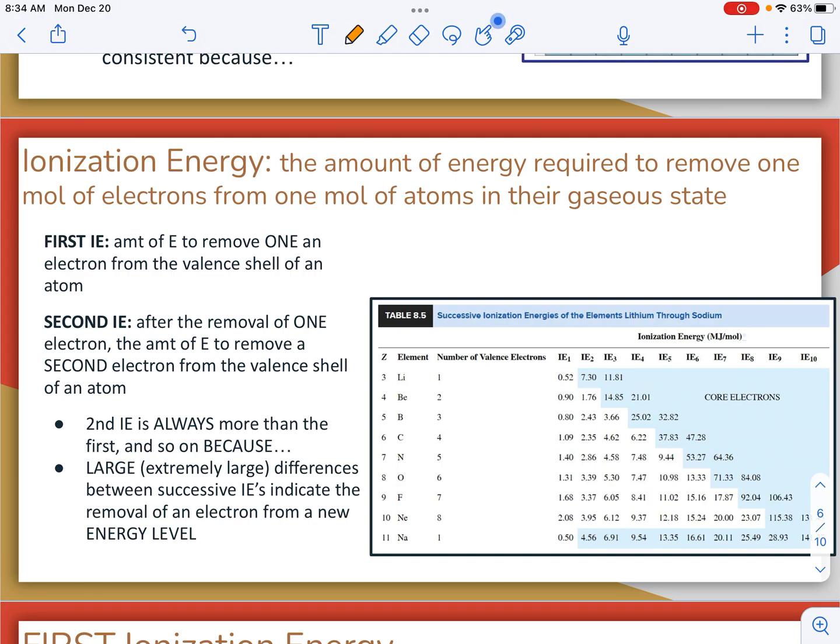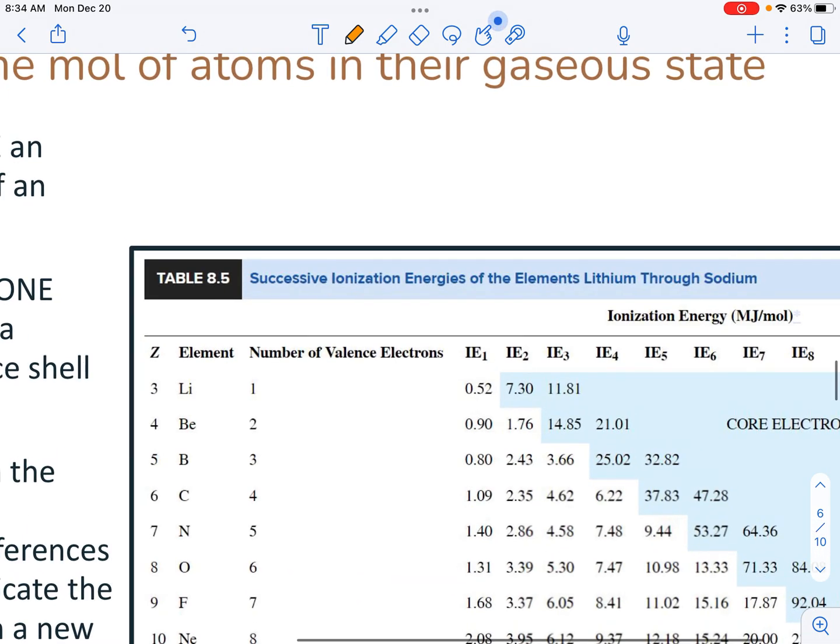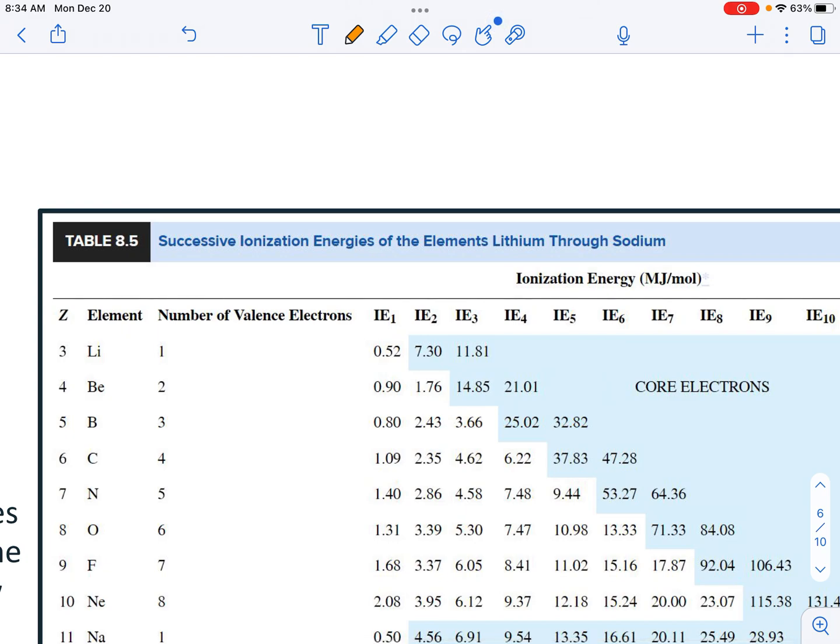What we notice is that after looking at successive ionization energies, you can always see where the next energy level would begin. So I want you to see that if we're talking about lithium, its first ionization energy actually looks like the binding energy that we saw in those PES spectra of that last electron.